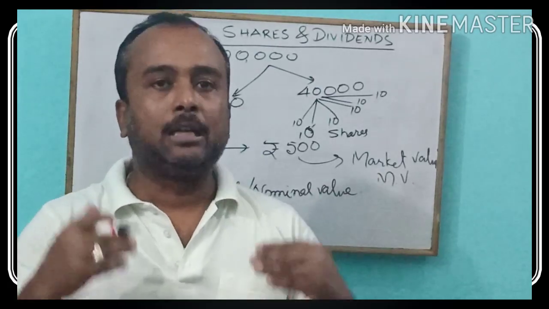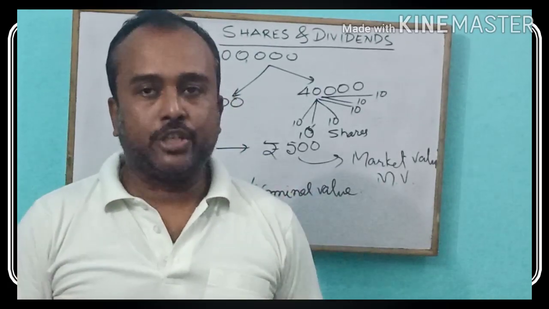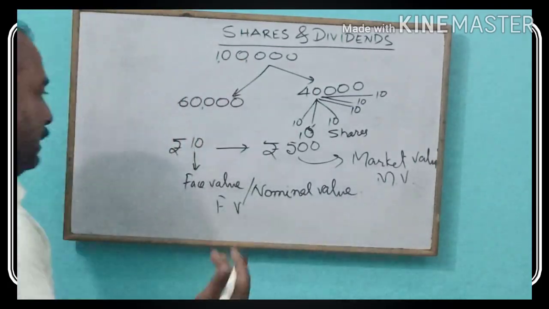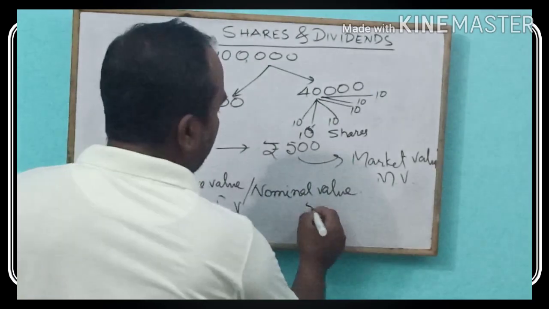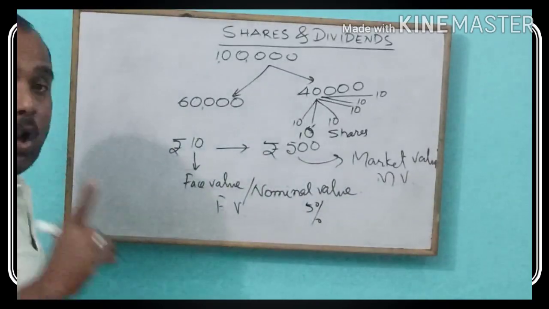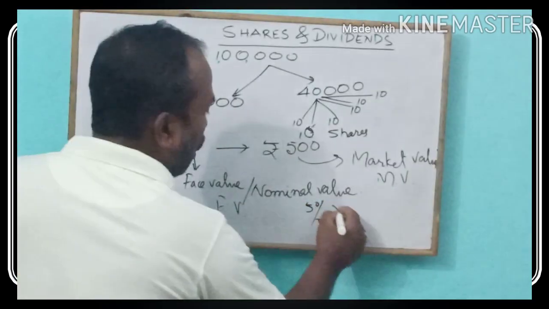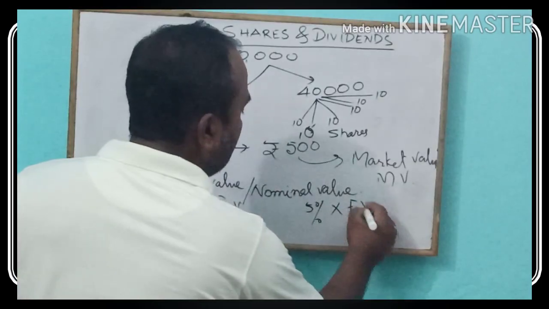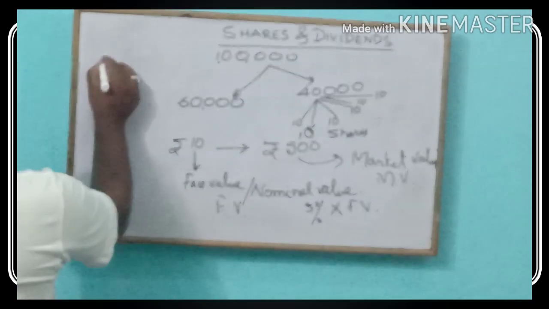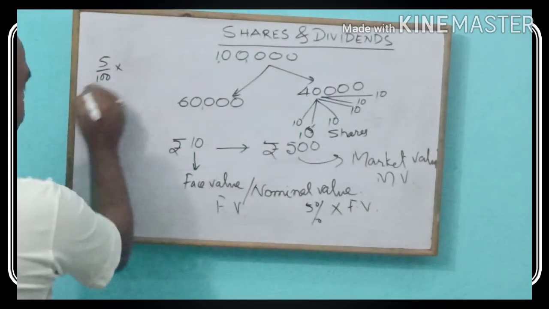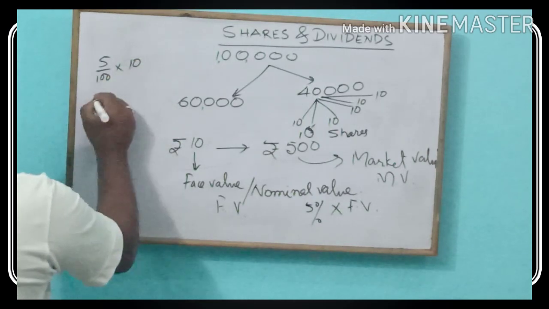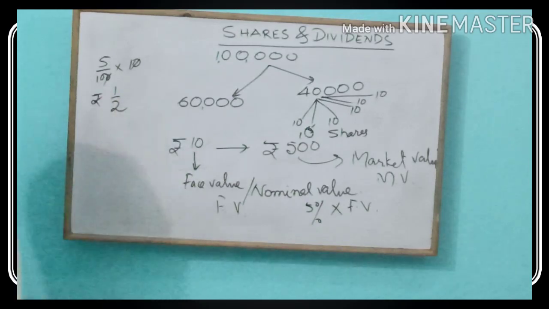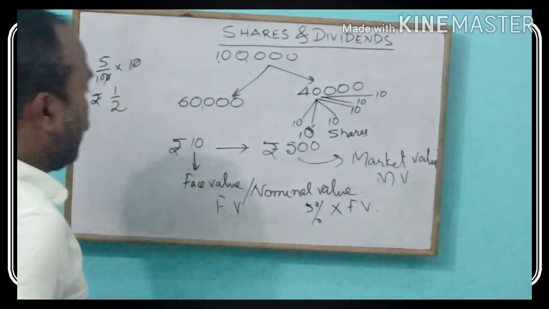It means if the company starts production and starts gaining profit, then the company will pay 5% on each share, on the face value. 5% of 10 means rupees half, that is 50 paisa per share.